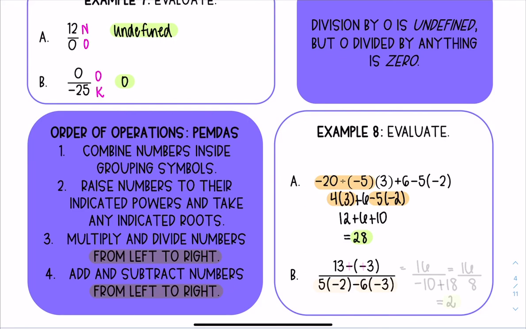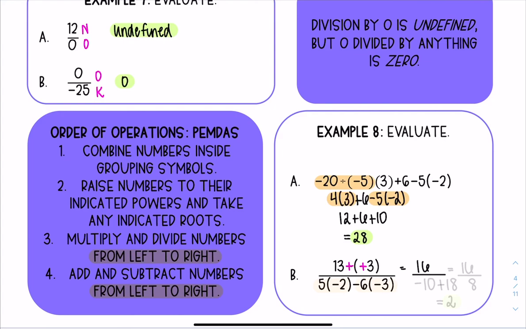When looking at B, we want to simplify the top and simplify the bottom separately, and then see if we can simplify the division going on. So 13 minus negative 3, remember that double negative turns into positives. And so we get 13 plus 3 on the top, which is 16.